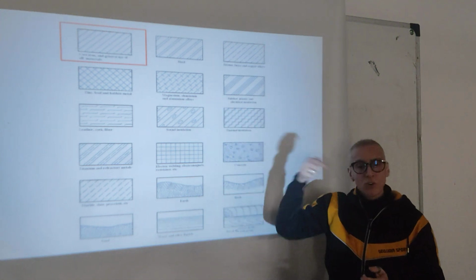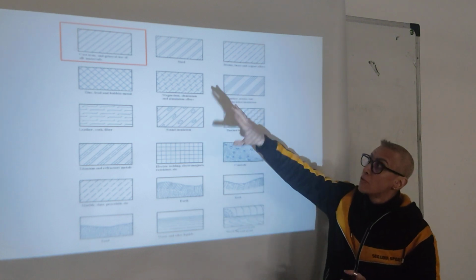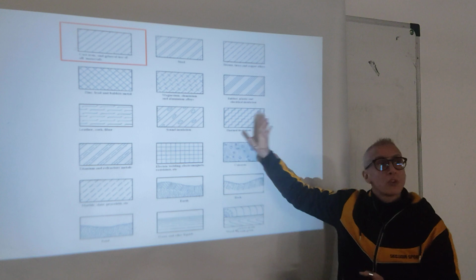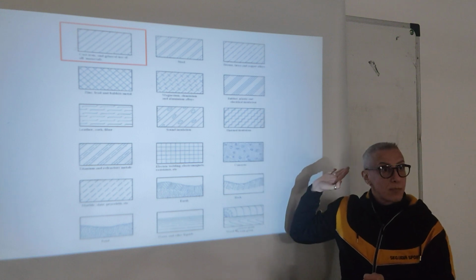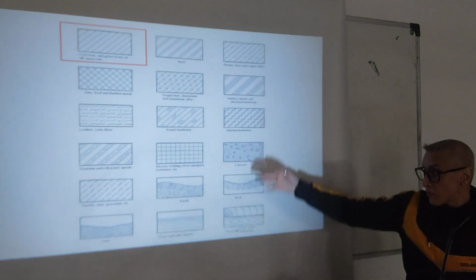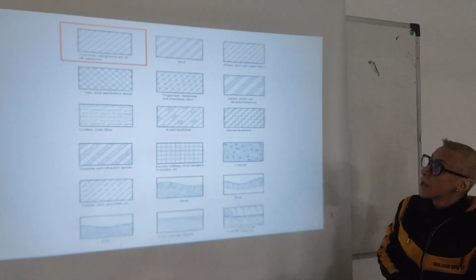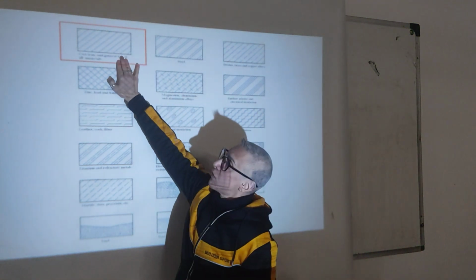Also, if I want to specify it is iron, cast iron, I use that one. For other materials, you have to use other line types. So we have many, and there is probably also for other materials other ways of showing. This is the general one, mostly used.